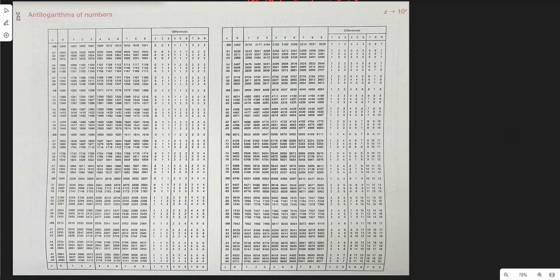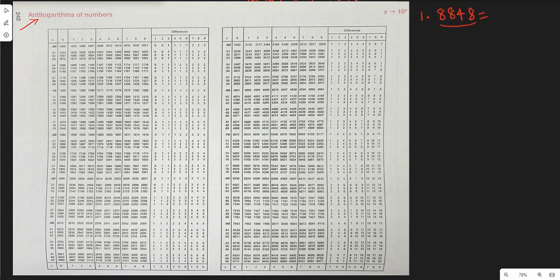Okay, now let's see how we can find the antilogarithm of numbers. Basically, we are changing logarithm back to natural numbers. Let's look at this number, 1.8848. How do we change this back to a natural number? Now we take a look at these figures here after the decimal point. We have .8848. You look for .88 on the antilogarithm of numbers.